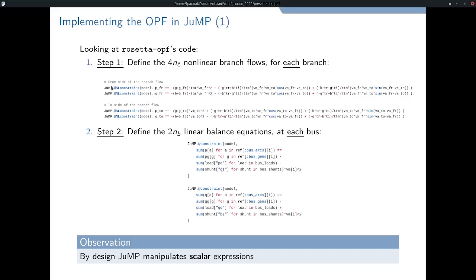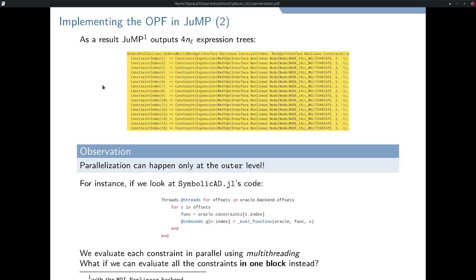So, as we can see, we can build a model in JuMP and generate a nonlinear model. The problem is JuMP manipulates only scalar expressions. And this is a drawback because that means we cannot parallelize very well the evaluation of such a model. So what happens if we look exactly at what's under the hood in JuMP?